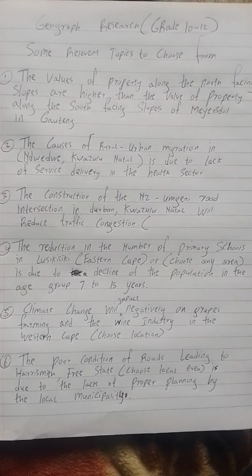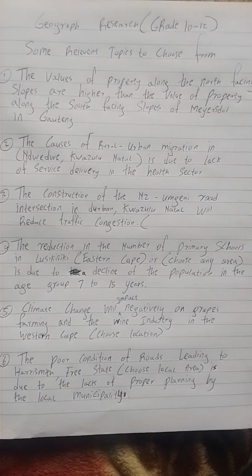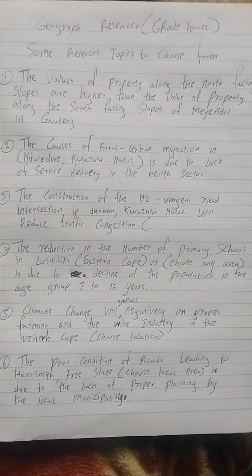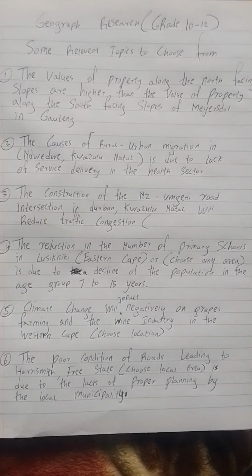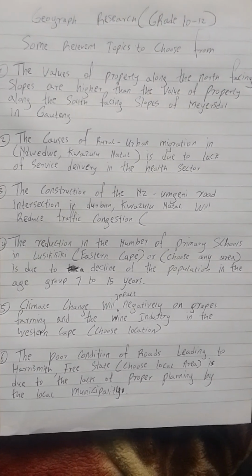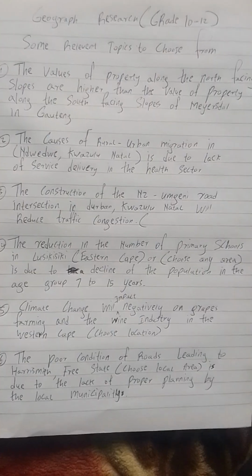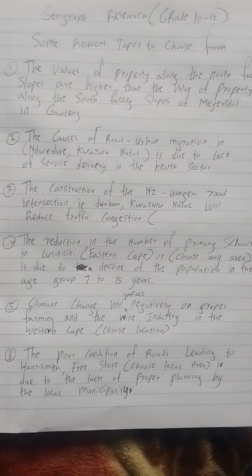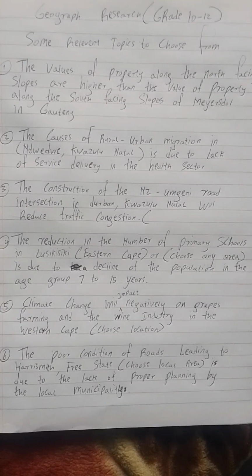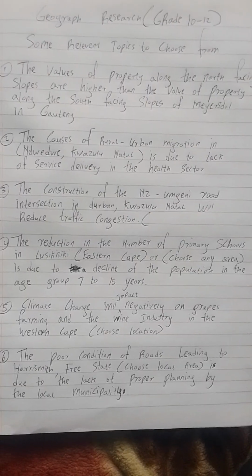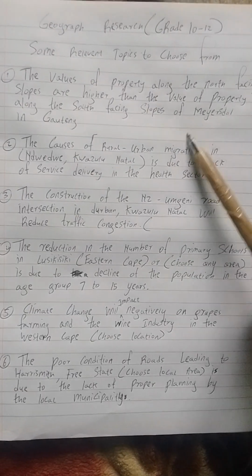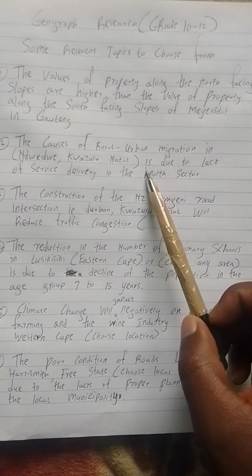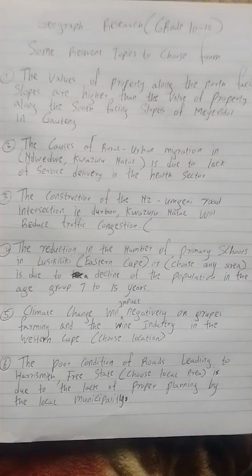The causes of rural-urban migration in Ndwedwe, KwaZulu-Natal is due to lack of service delivery in the health sector. This topic is based on rural-urban migration, people who are moving from rural areas to urban areas. But here you have to be specific, because they said due to lack of service delivery in the health sector.